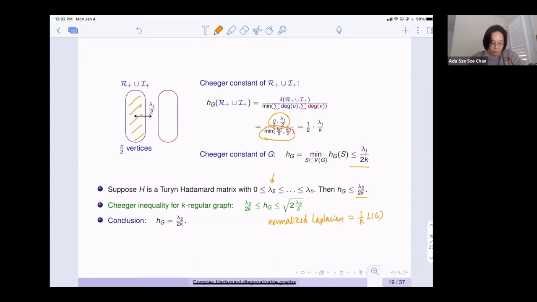That's why, for k-regular graphs, I'm writing the Cheeger inequality in this form in terms of lambda 2. So for any graph, the Cheeger constant is bounded below by lambda 2 over 2k. Then we see that if a graph is diagonalizable by either the Turing-Hadamard matrix, and it also works for a real Hadamard matrix, then the lower bound of the Cheeger inequality is always tight.